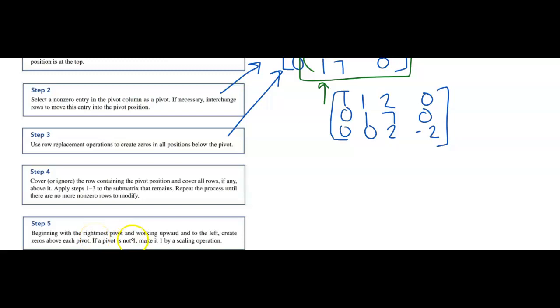If a pivot is not 1, make it by a scaling operation. All right, so rightmost pivot is right here. Working upward and left, create zeros above each one. Well, the first thing to do is I need to make this a 1. So I'm going to do that by just multiplying by a half here.